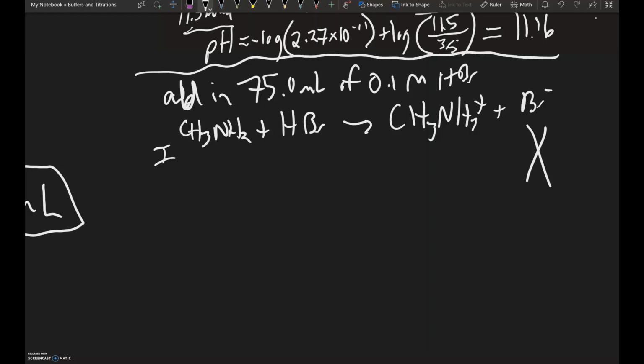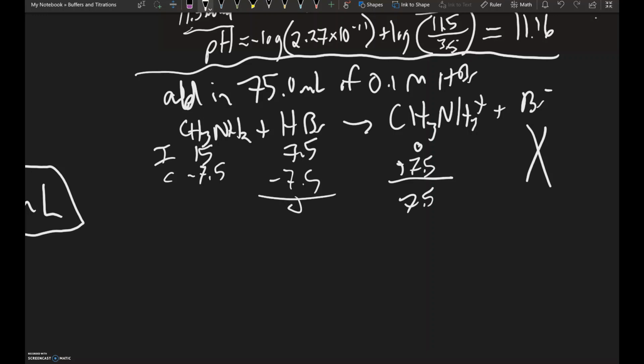Alright, so initials 15, 75 times 0.1 is 7.5. The change is going to be minus 7.5, and then plus 7.5 here. That gives me 7.5 left over there, 0, and then 7.5 left over here.